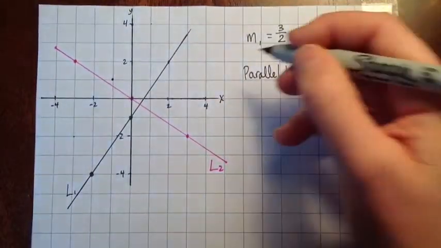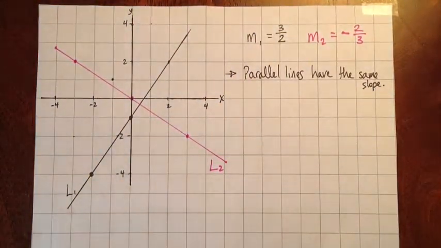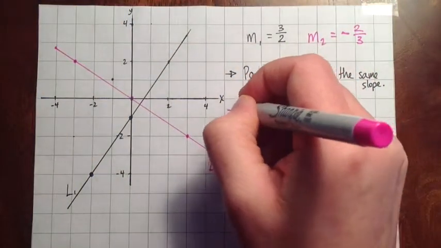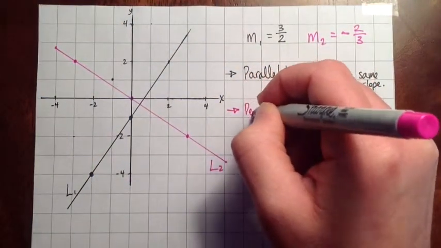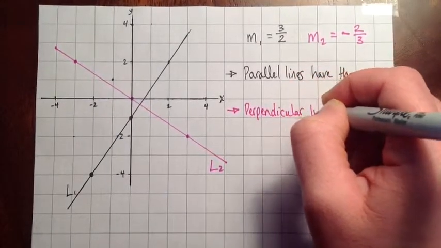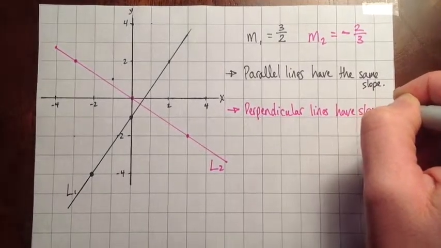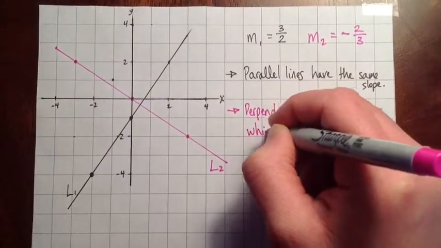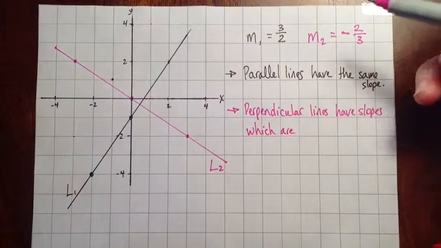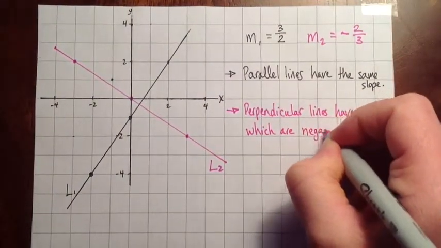Okay, this one is slightly less obvious for people. Perpendicular lines have slopes which are, so what I did, I changed the sign. So I took the number and made it negative.